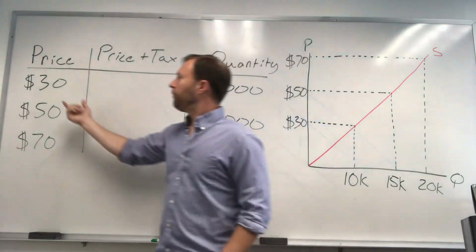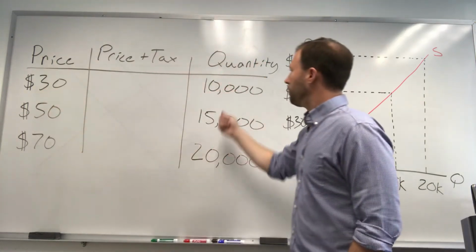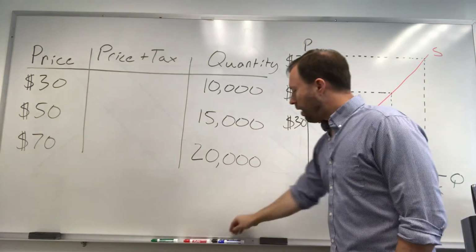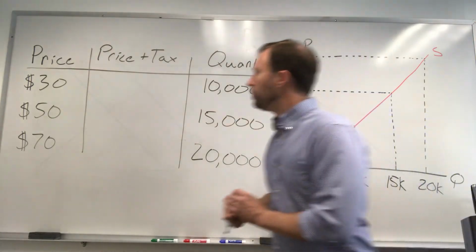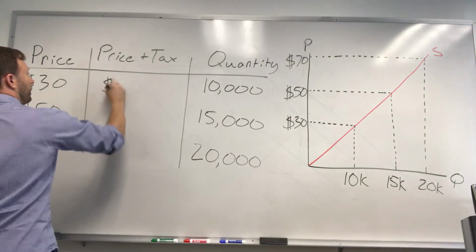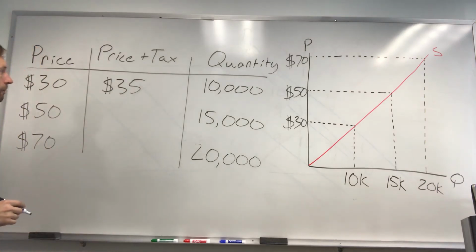So that if before you were willing to accept the price of $30 per 100-pound bag to produce that 10,000th pound of sugar, now you're going to need to add in the $5 tax. Now you would not sell that unit unless you were receiving $35 per 100-pound bag. And the same logic applies all the way down this table.